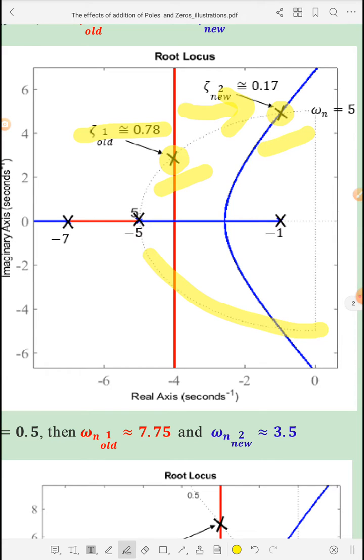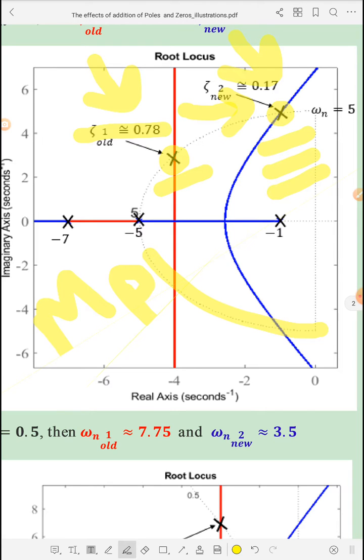As you remember, there were formulas for MP that you have taken in the modeling and simulation course, and this relative percentage overshoot will be increasing for the new system, because as zeta decreases, the overshoot increases, and the overshoot of the old system will be less than the overshoot of the new system.